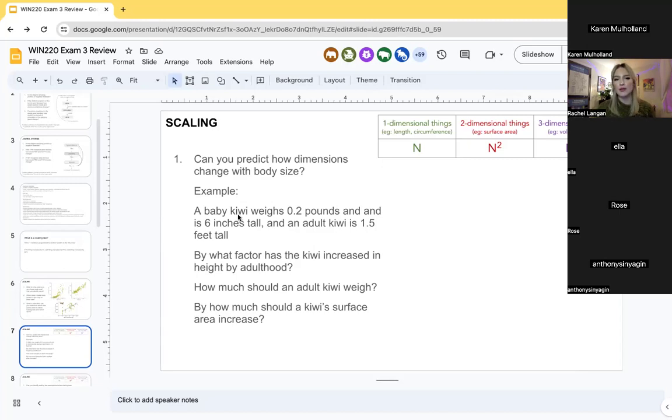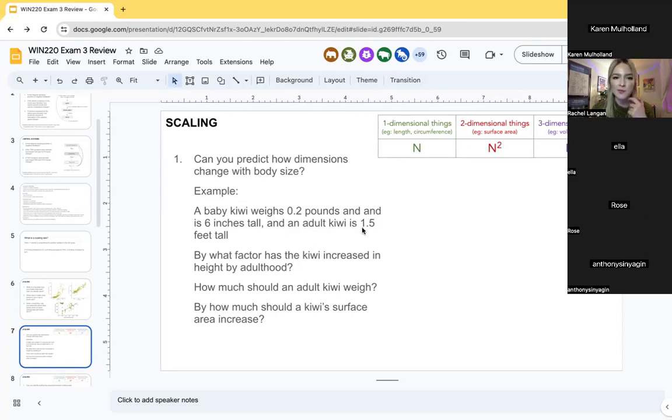Okay, so by what factor has the kiwi increased in height? It's one-dimensional, we're looking for n. How has the height changed? 6 inches to 1.5 feet. So first you have to convert it into the same unit. So convert 1.5 feet into inches.